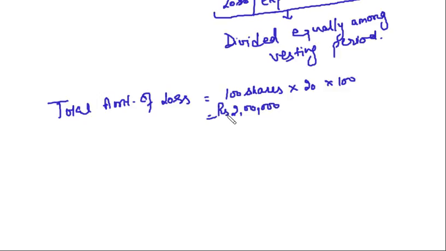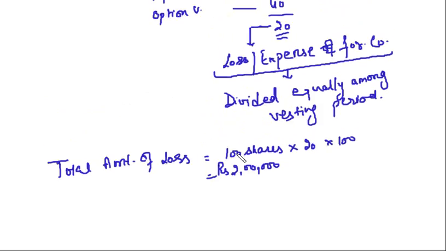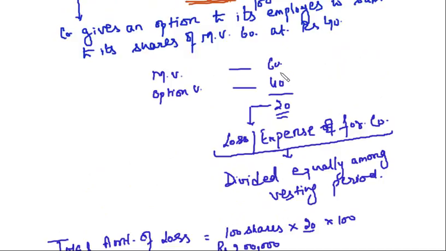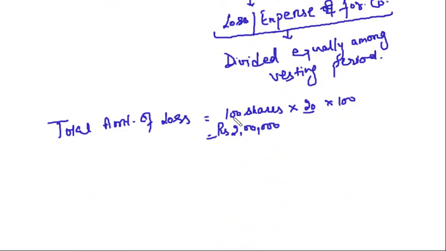So there is a total loss to the company of 2 lakh rupees. How? 100 shares being subscribed by 100 people. An option is there. 100 shares to 100 people multiplied by 20 rupees loss. Because market value is 60, option value is 40 rupees. So there is a loss of 20 rupees on each share. So loss on 100 shares, 2000 rupees. Now multiplied by 100 employees.